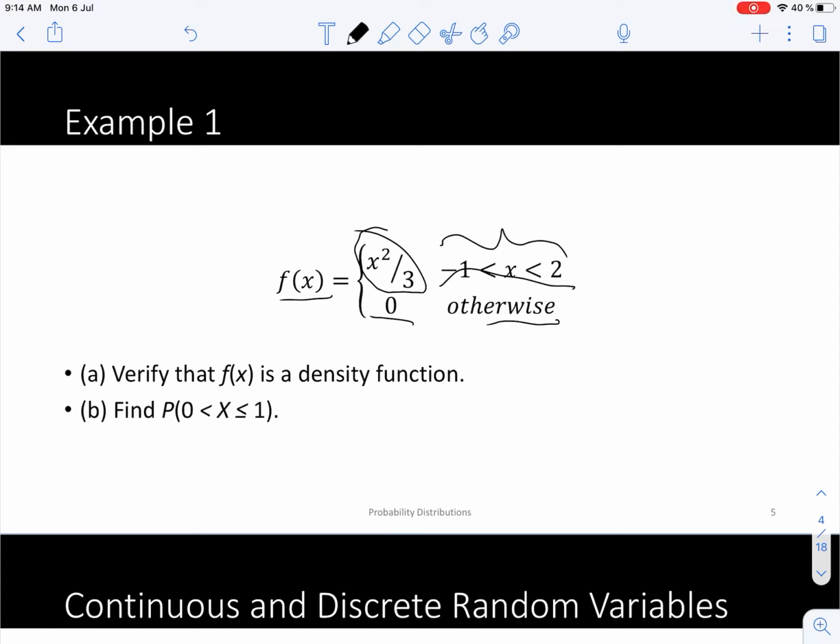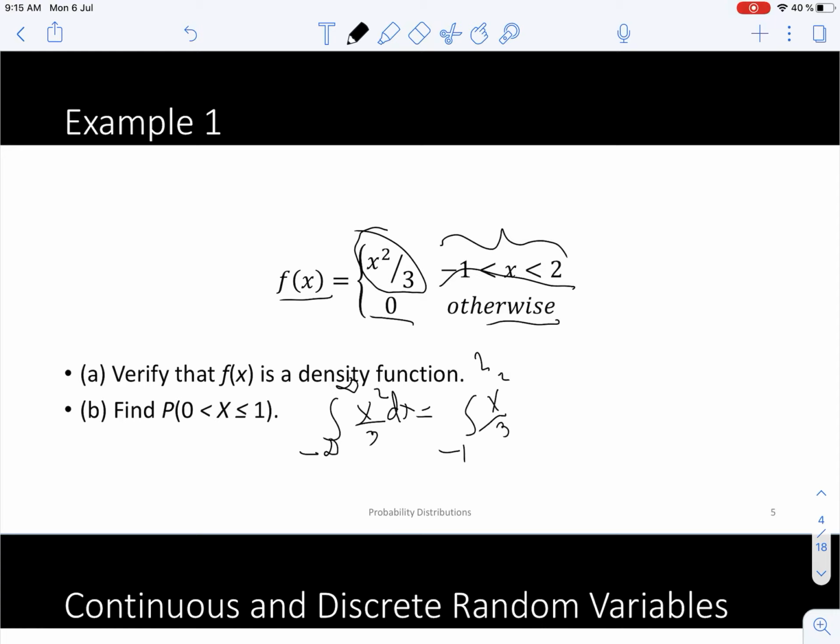Now let's check the second one, where the integral from minus infinity to infinity has to be equal to 1. So we do the integral from minus infinity to infinity of the PDF function. Remember that it is defined between minus 1 and 2, and for other intervals it is equal to 0. Therefore this expression is equivalent to the integral from minus 1 to 2 of x squared over 3.